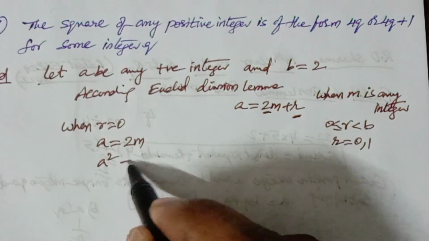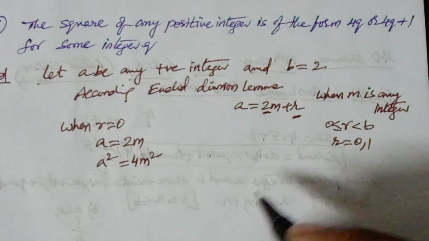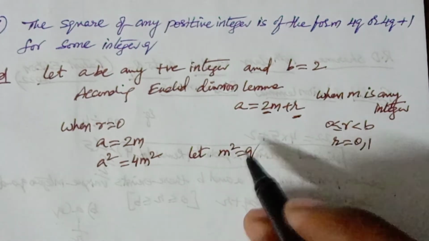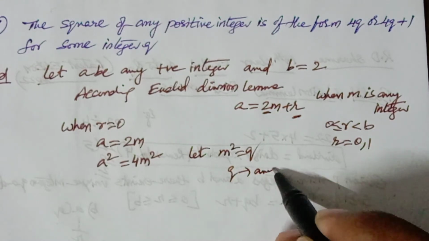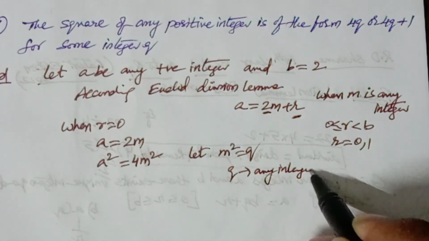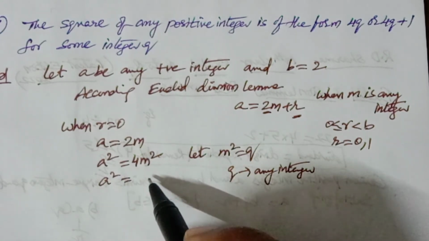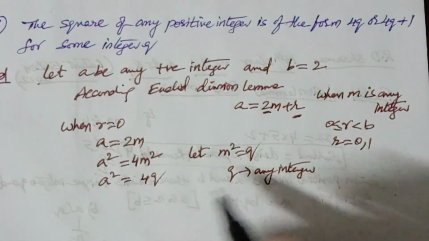Squaring on both sides, a square is equal to 4m square. So let m square be equal to q, where q is any integer. So here a square is equal to 4q.